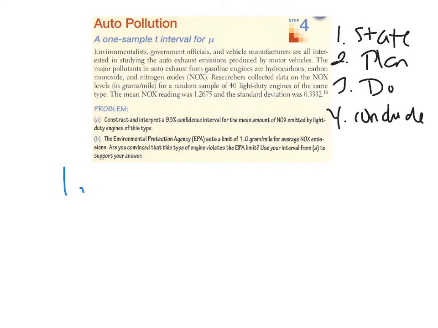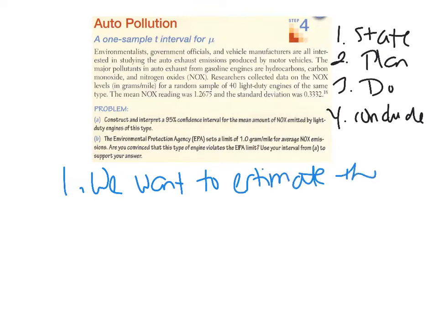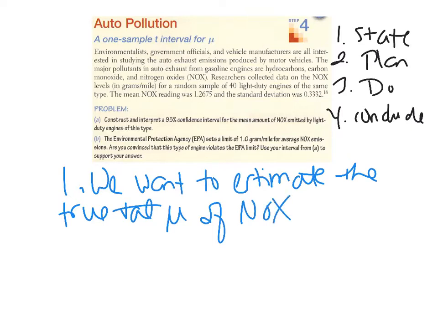If we're going to state what we're doing here, we're going to state that we want to estimate, because this is what we're going to do, right? We want to estimate the true value, the true mu, the true value of the mu if you want, of NOx emitted, and again, this is where we get into our context, right?